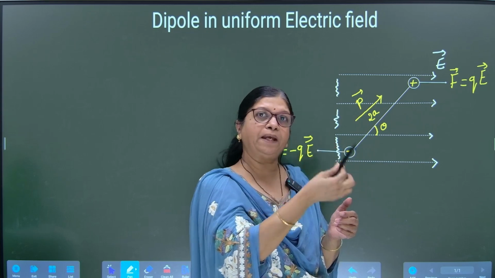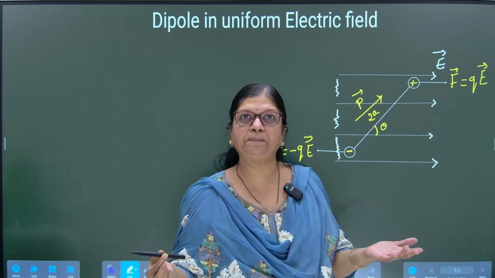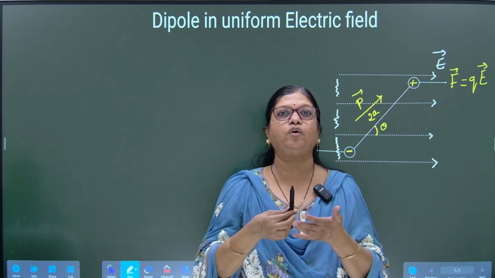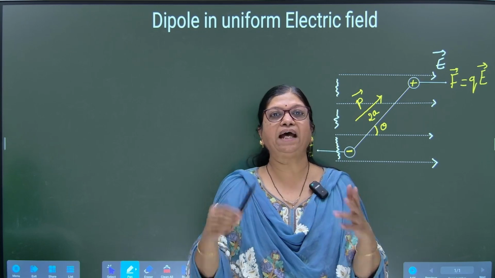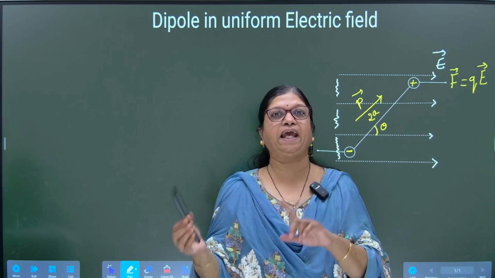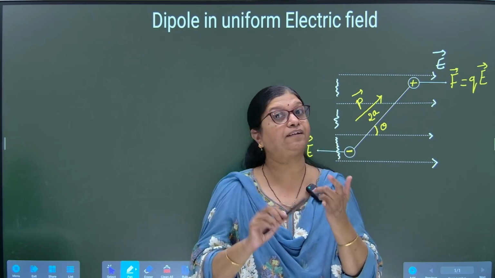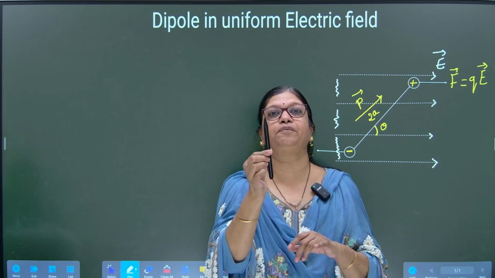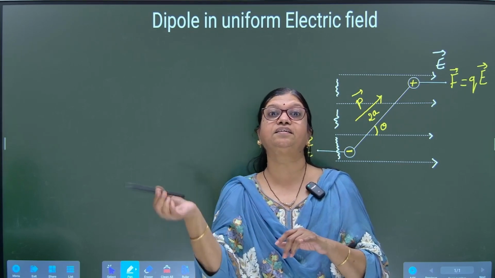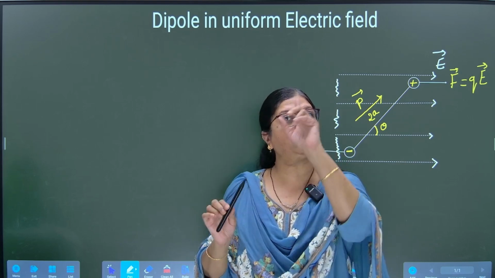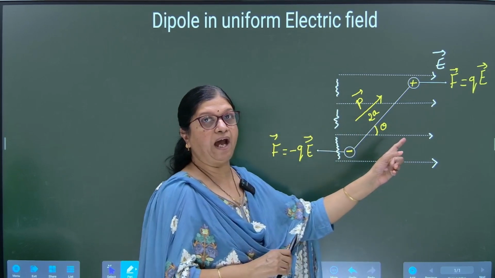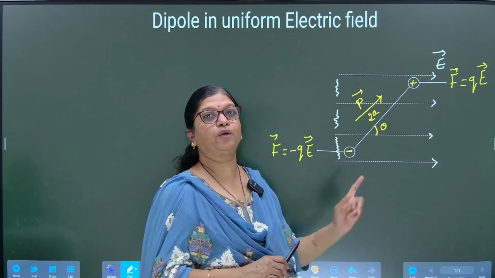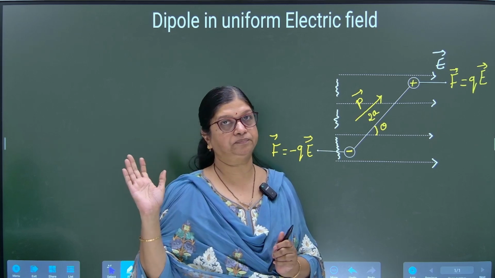Okay, so the dipole creates an electric field, that is immaterial right now, we have already learned that. The dipole has its own electric field at a point on the axis and at a point on the equatorial plane. But in spite of that, we have placed this dipole in another uniform electric field which is represented by parallel lines equidistant from each other.